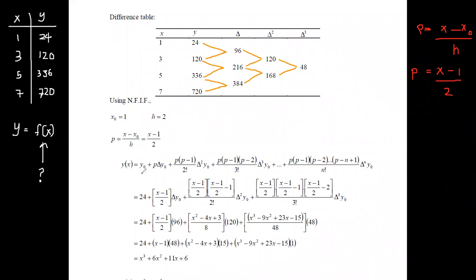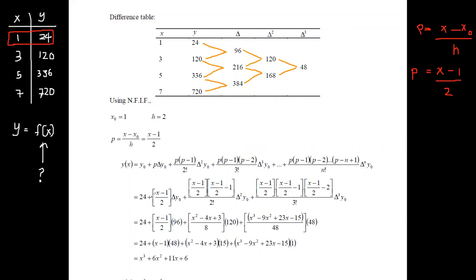The value of y naught means the value given for the function where x naught is equal to 1. Now you can see at the point x naught equals 1, the value of y is 24. Therefore, the value of y naught is equal to 24.